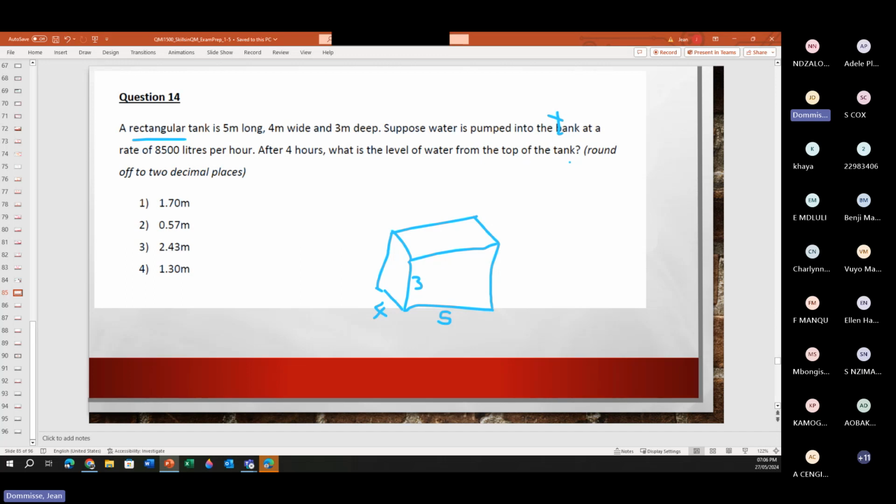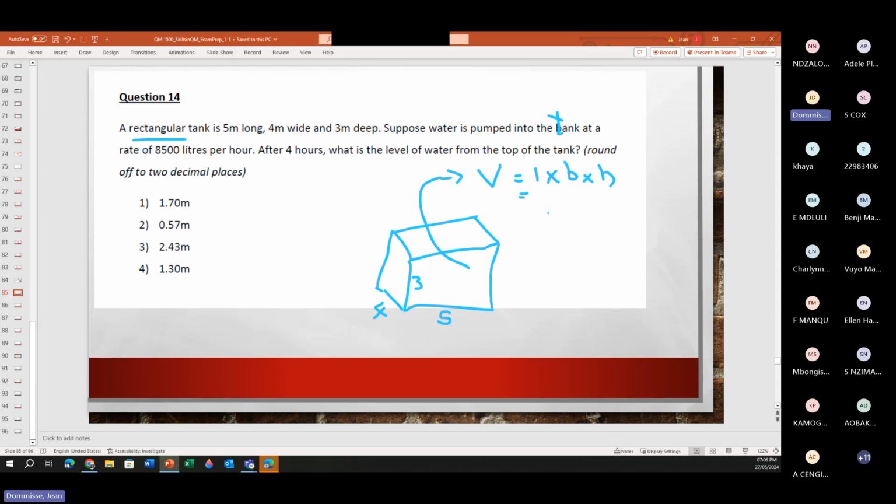Wow. Okay. So first thing, let's work out how many liters this thing takes. Okay, so work out volume, length times breadth times height.